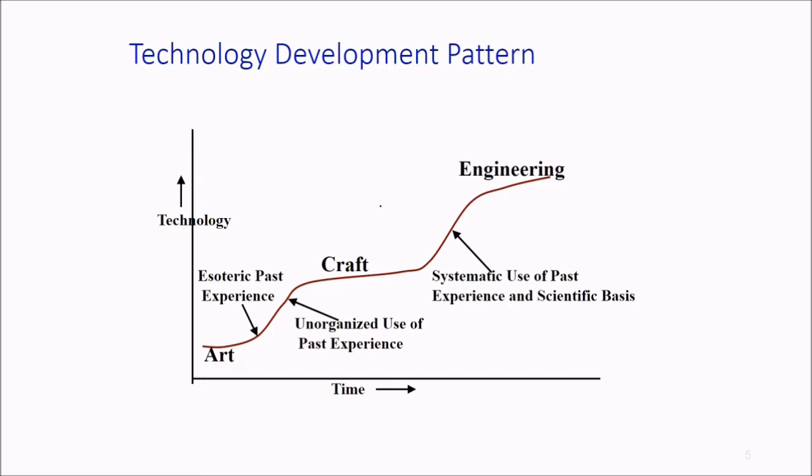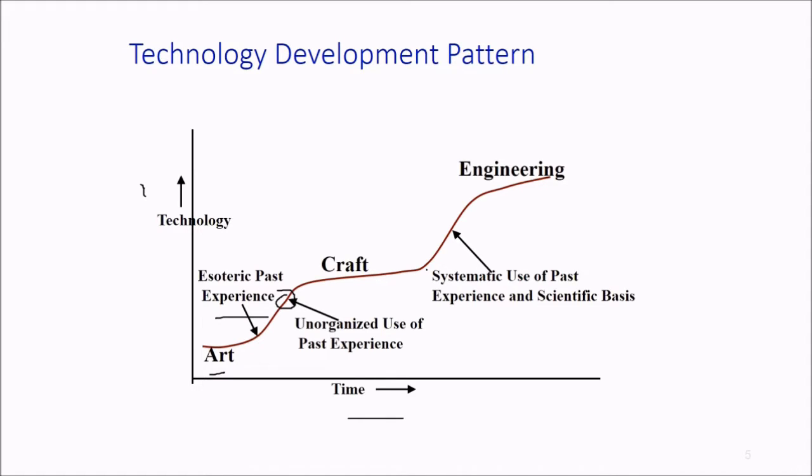In this chart, we see the evolution of technology with time. This is technology, and this is time. Software engineering was an art. Here it shows growth, which is historic past experience. Then this is organized use of past experience. Then it became a craft; this plateau you see is craft.